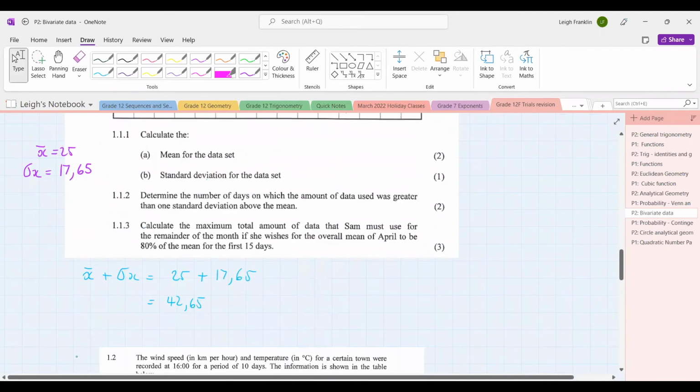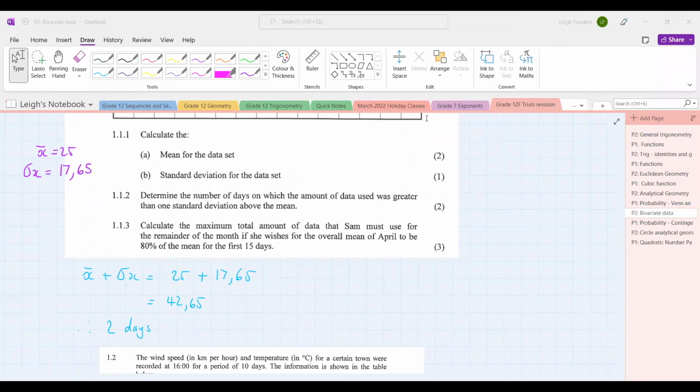All right, so therefore there were 2 days where her consumption of data was greater than 1 standard deviation of the mean. That's it. Okay, so that's like our upper bound, and then we're going to go and have a look at how many pieces of data lie out of that.